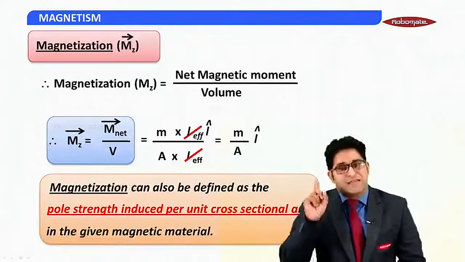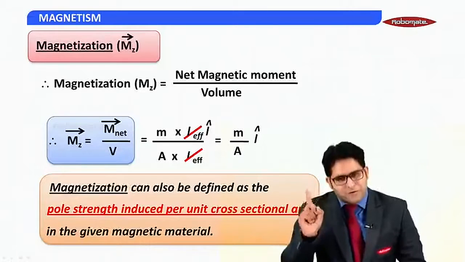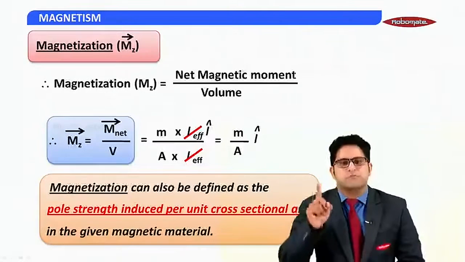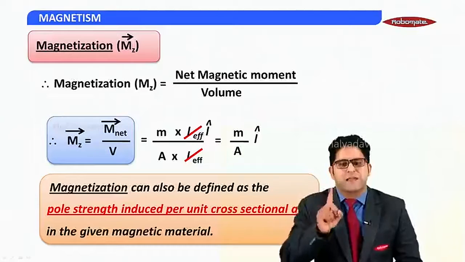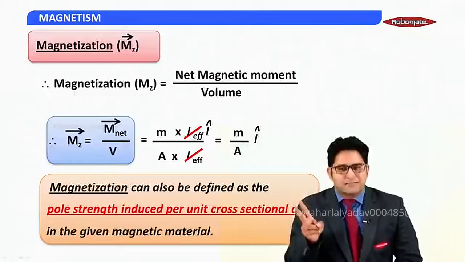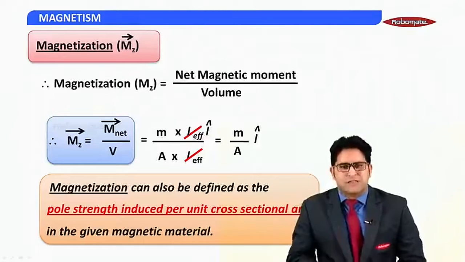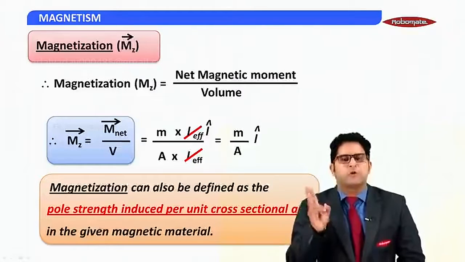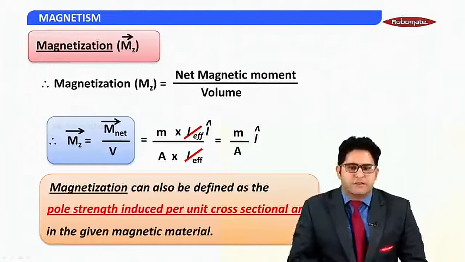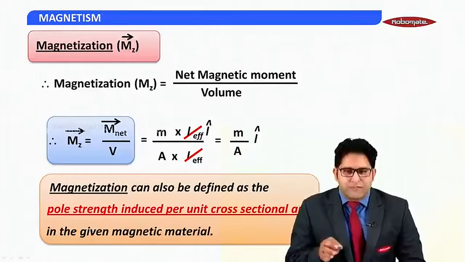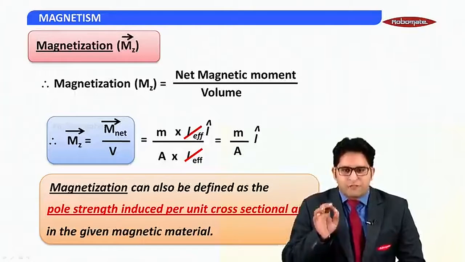The first one was net magnetic moment per unit volume, which is produced in the material due to the external magnetizing field. And the second one is the pole strength induced per unit cross sectional area in the magnetic material due to the external magnetizing field. Now students, these definitions are very important for the concept, right?